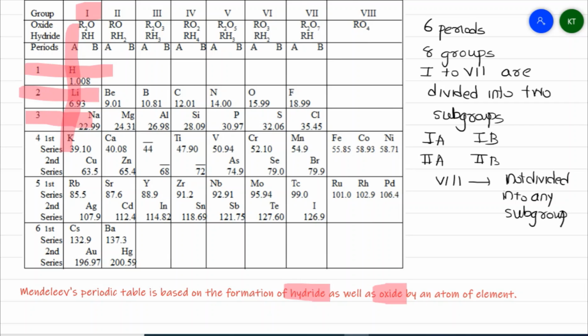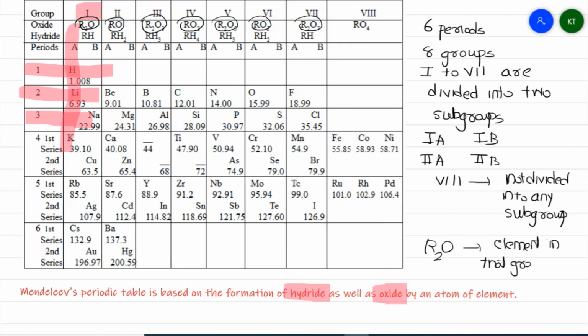In the first, second, third, fourth, fifth, sixth, seventh groups, I wrote R2O, RO, R2O3, RO2, R2O5, RO3, R2O7, where in R2O, R indicates the element in that group.